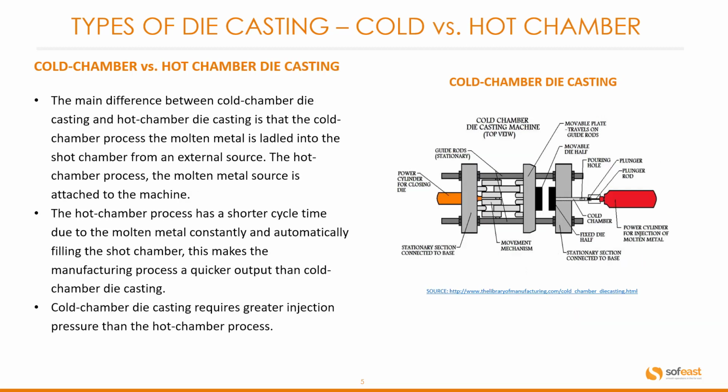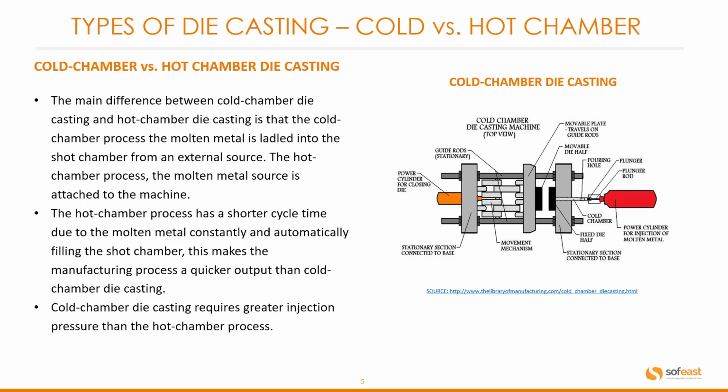So let's have a look at the difference between cold chamber versus hot chamber die casting. The main difference is that in the cold chamber process, the molten metal is ladled into the shot chamber from an external source. In the hot chamber process, the molten metal source is attached to the machine.